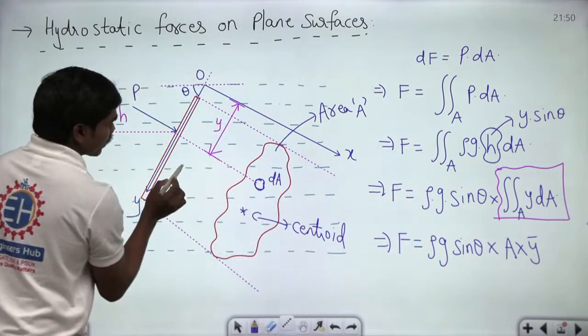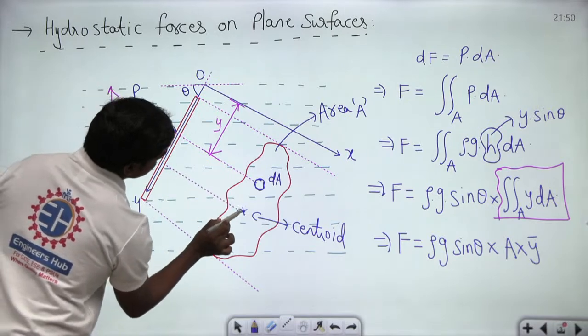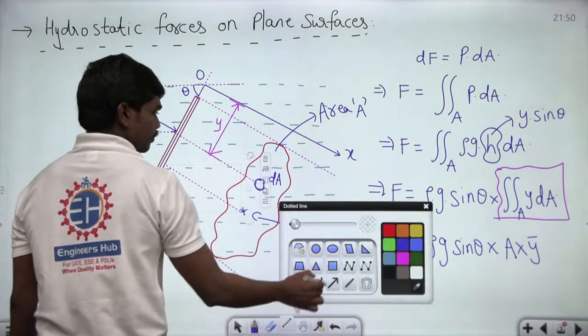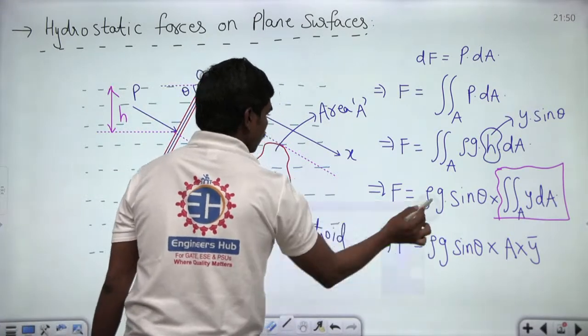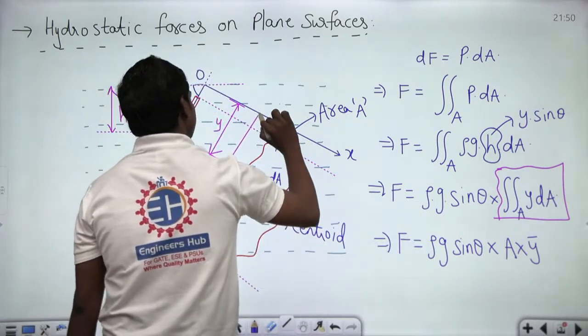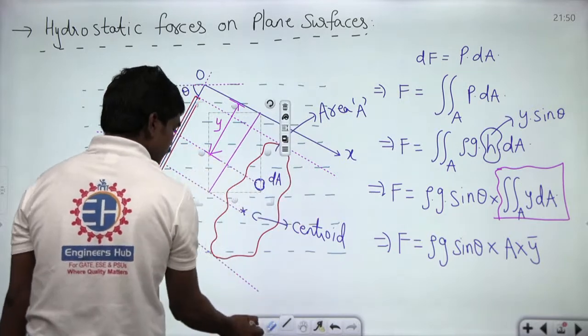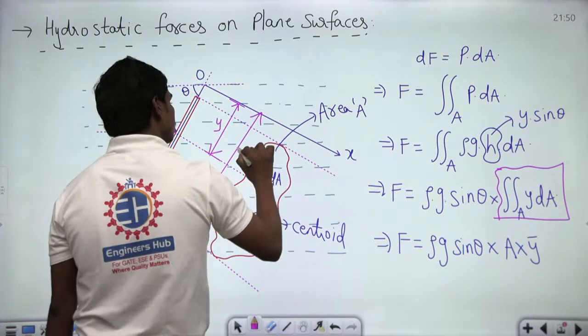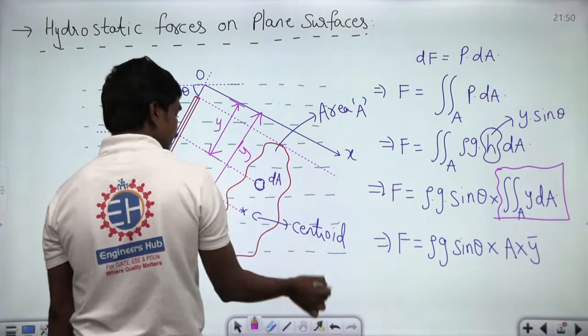If you take this as your region, then can I call this total length here as y bar? Yes or no, because this is centroid, correct?